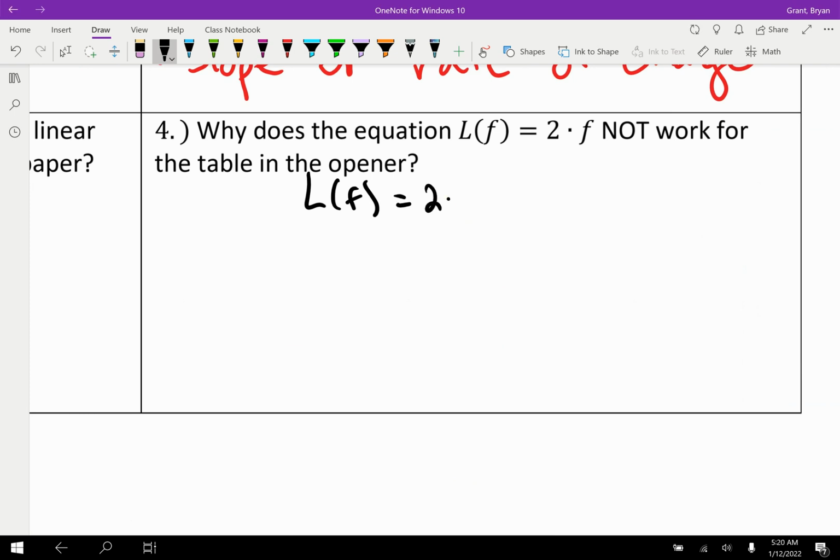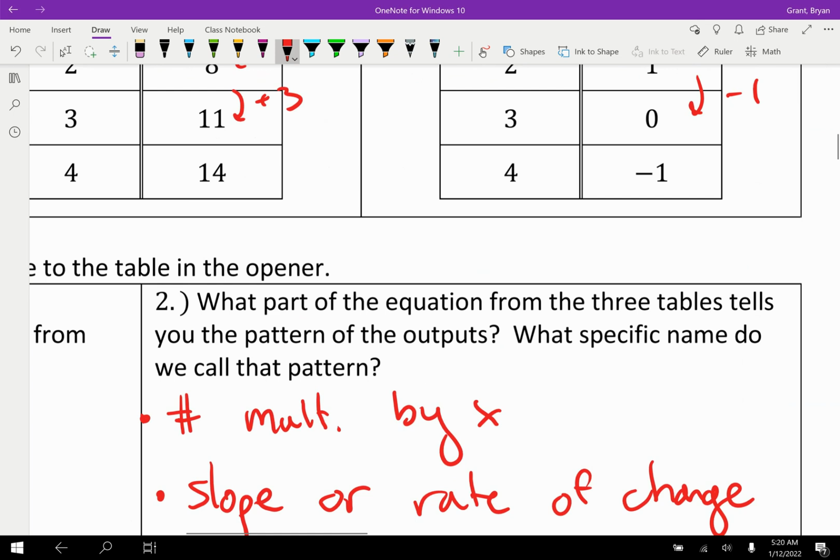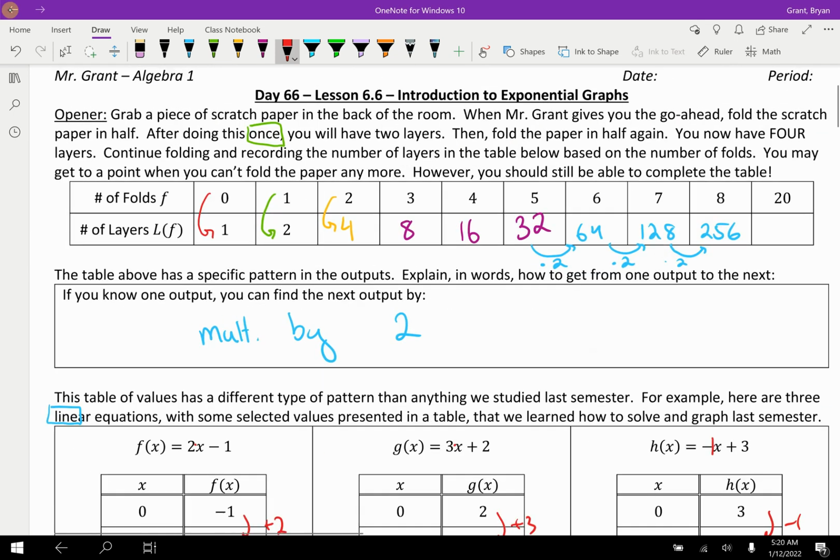In fact, let's break down this equation really quickly just to make sure we understand what's happening here. This equation is in function notation, where we have our input, and it looks like the input is f for the number of folds. And so, look at the inputs up here. My inputs are the top row. So you would input any one of these numbers, maybe like 5.